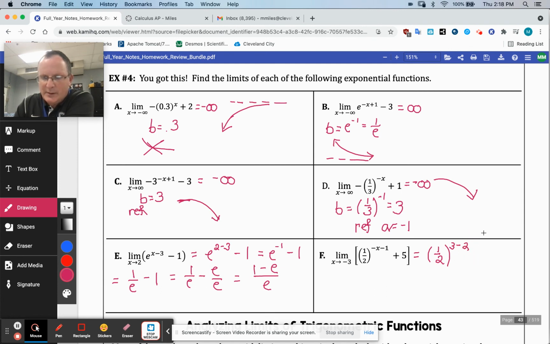We're approaching, and there's no hole in the graph or anything, so we can just continue with this. Plus 5. Well, that's 1/2 to the first power plus 5. 5.5 is fine, but mixed numbers are the devil. They're just confusing. So let's go ahead and make this 11/2.